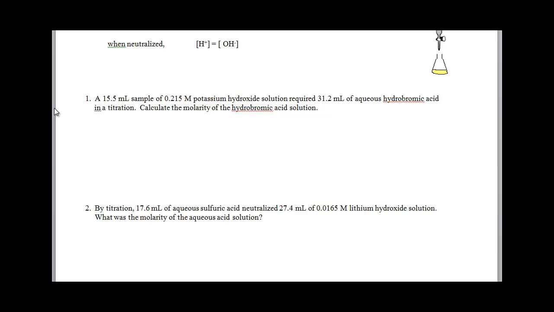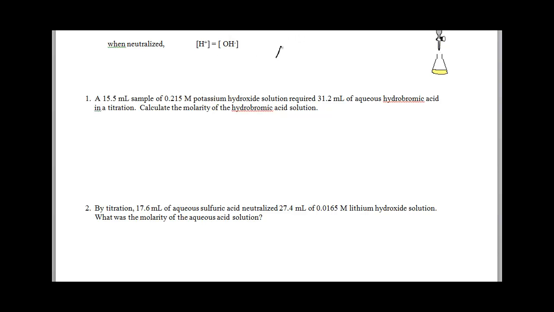Okay, so let's look at what happens when we get that endpoint. If it's neutralized, let's see what we know when we reach this endpoint. When we say it's now neutralized, what does neutralized mean? That means that my hydrogen concentration is equal to my hydroxide concentration. So let's look mathematically at what that means.